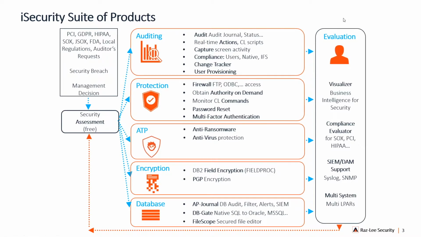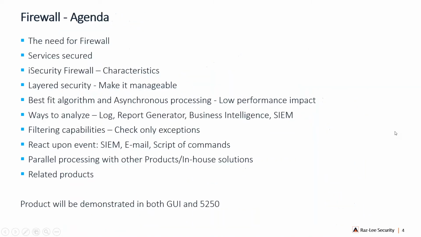As you can see, it's quite wide, and I'm always reminding myself not to start speaking a few words about each of them because it will take all the time. So I'll just mention where we are. Firewall is one line here, and it is part of the protection suite which we provide for this computer. Our agenda for today is quite wide.